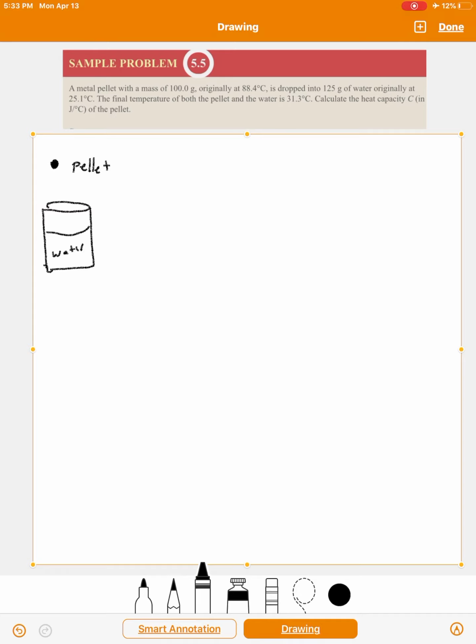In this particular problem, they give us the mass of the pellet, and they tell us that it's initially at 88.4 degrees C. And then it gets dropped into water, which weighs 125 grams, and the water is at 25.1 degrees C initially. And then after you drop the pellet in, look what happens. The pellet's temperature goes down to 31.3 degrees C.